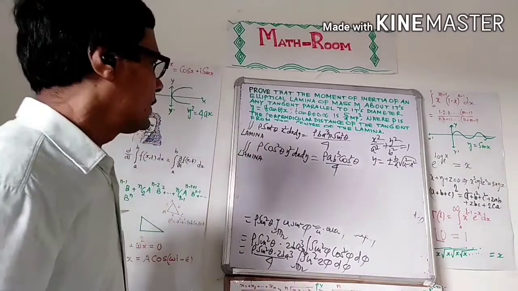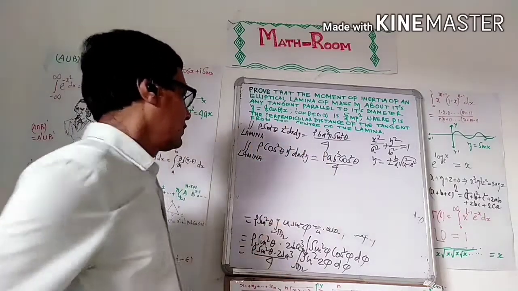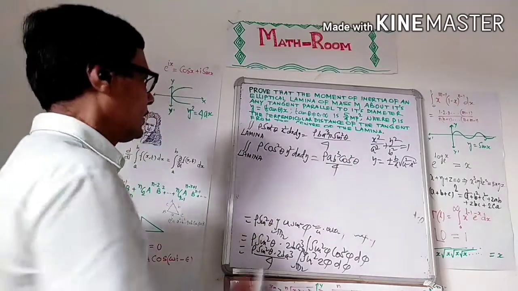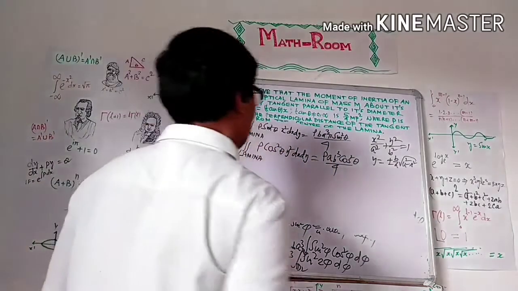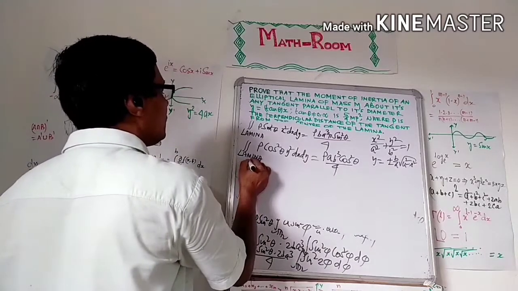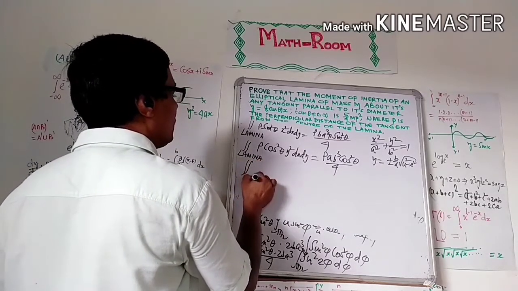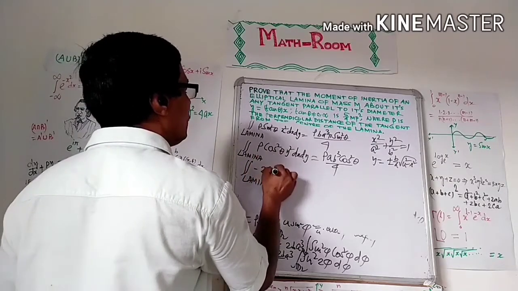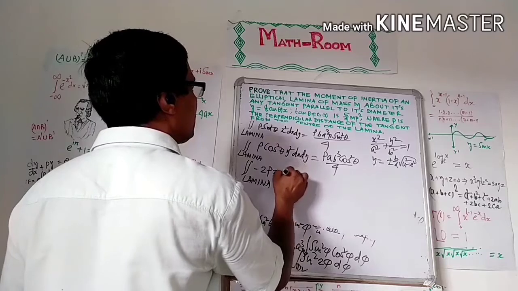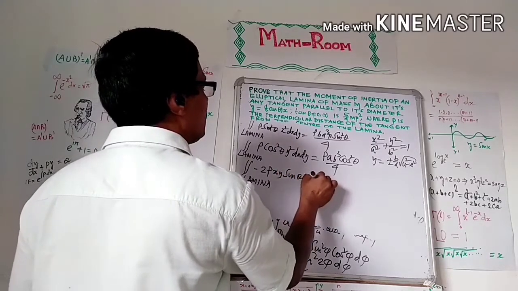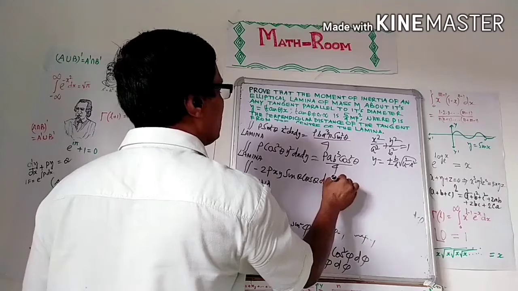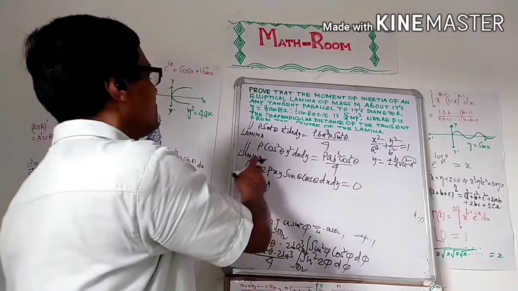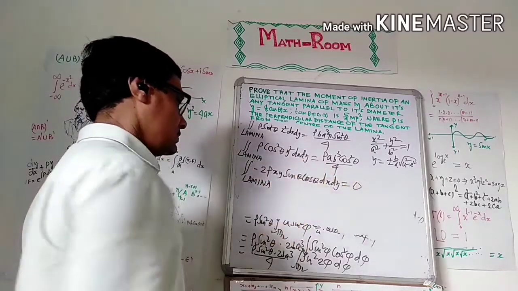In a similar way, we can find the value of this double integration, and also the integral over the lamina of minus 2 rho xy sin theta cos theta dx dy equal to 0. It can be easily verified that the value of this double integration is 0.